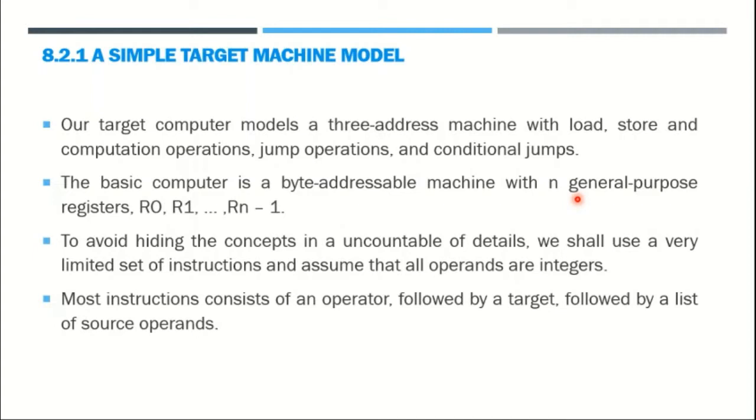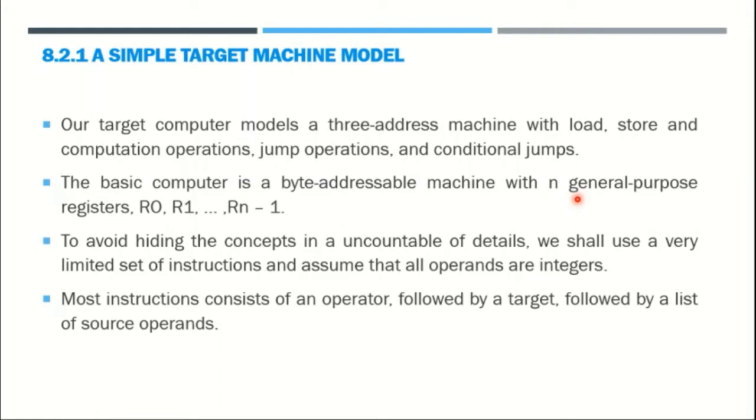To avoid such hidden concepts, we use a very limited set of instructions and assume that all operands are integers. Whenever we assume the instructions are limited, there is no need to hide details in the target code. That's why we use only a limited set of instructions, so we can easily develop the target code.